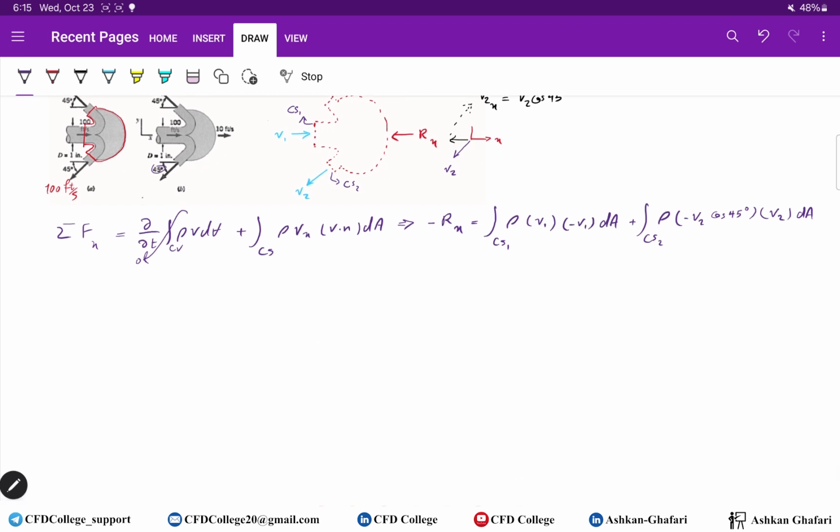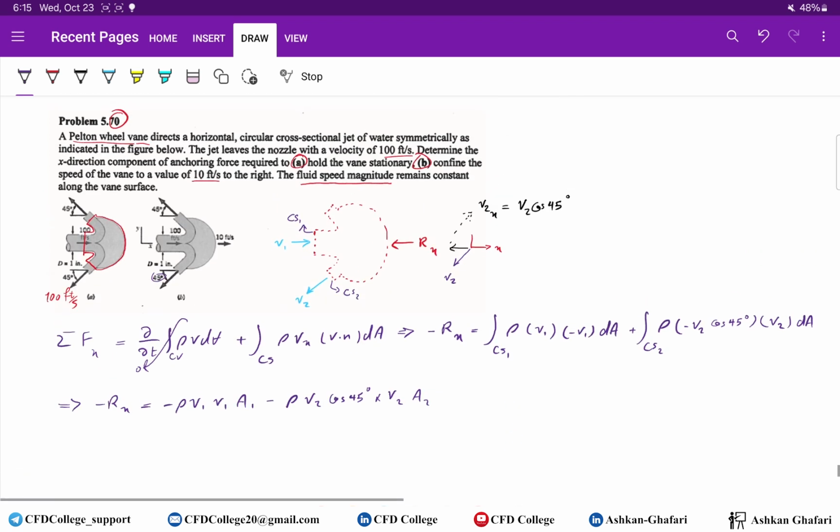So what we have is minus Rx equals minus rho V1 A1 plus, actually minus rho V2 cosine of 45 degrees times V2 A2. Okay, the fluid speed magnitude remains constant.